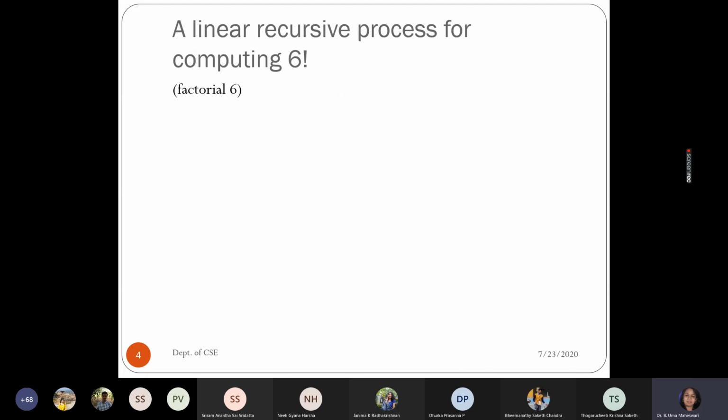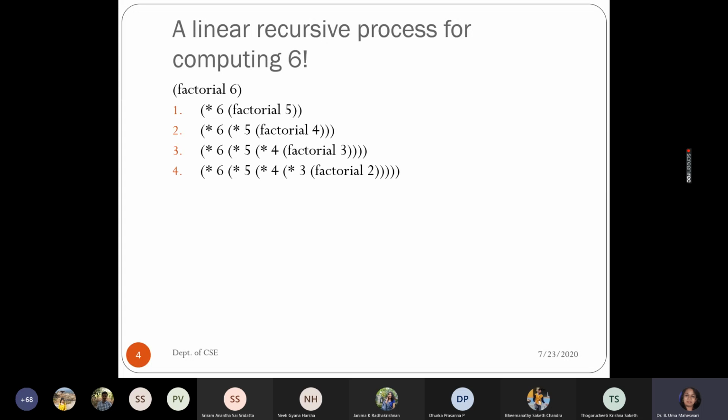Now let us assume that n equals 6. You will end up with 6 into factorial of 5, 6 into 5 into factorial of 4, all this happening, till factorial of 1.